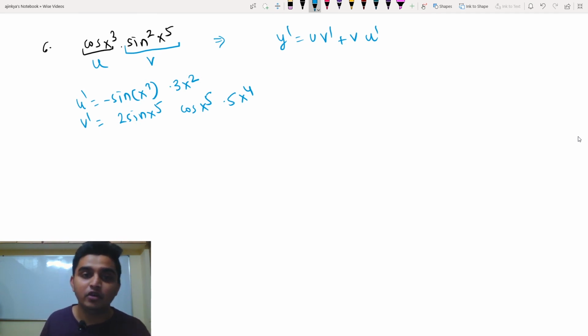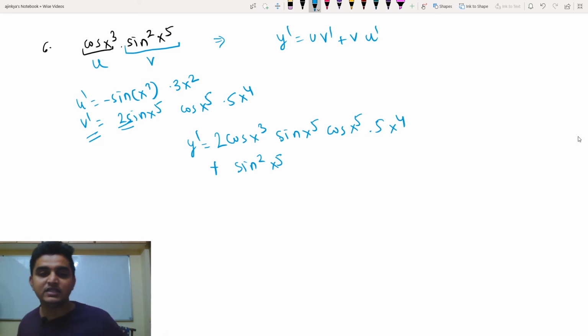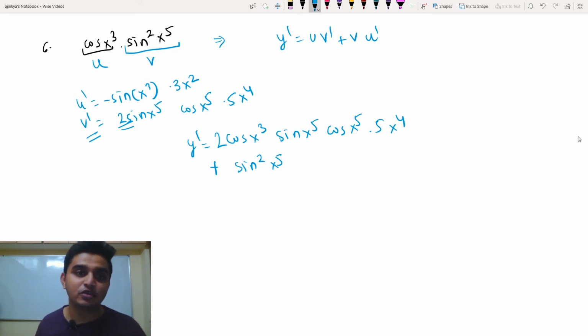And finally we have our answer as y dash equals u times v dash. So u is cos of x cube, times v dash, which is going to be 2 times sine of x raised to 5 cos of x raised to 5 times 5x raised to 4. You can simplify this further, plus you have v times u dash, where v is nothing but sine square x raised to 5, isn't it? What is u dash?